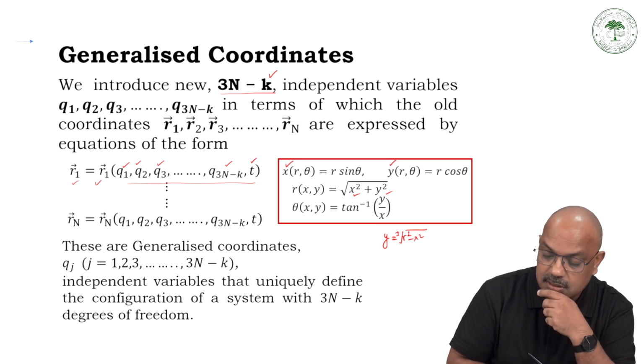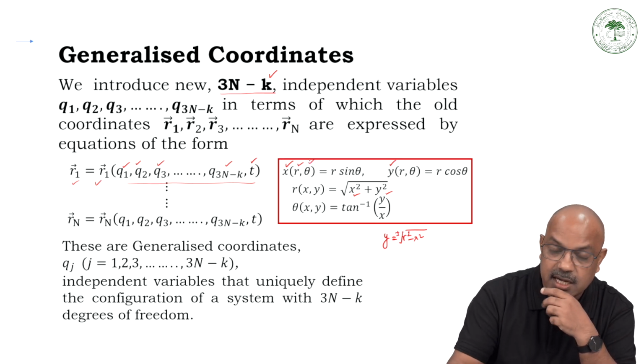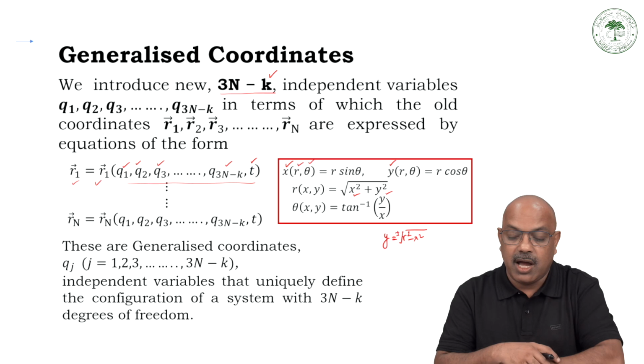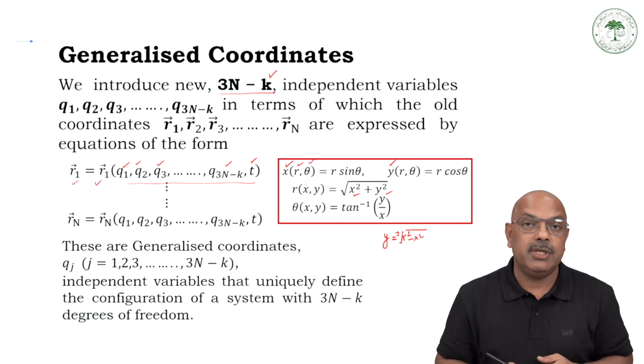But the moment I choose the r and theta components, these are completely independent, and they define the system. So r and theta in this case are the generalized coordinates.